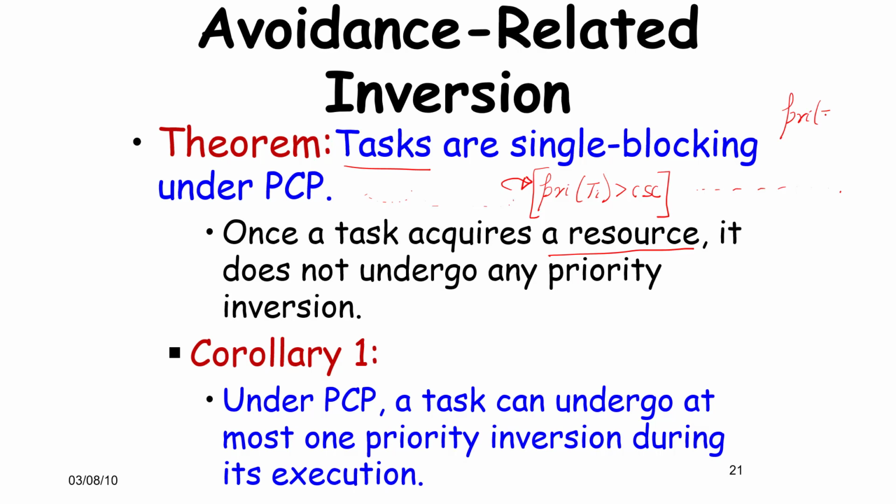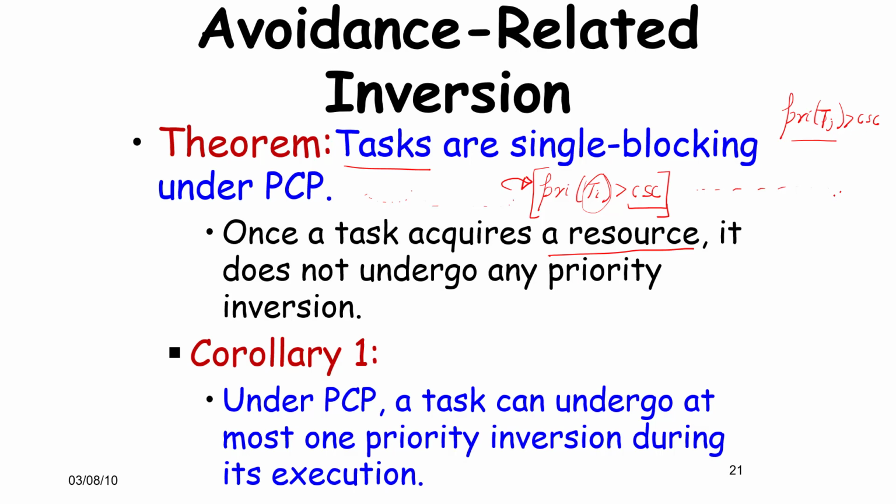But the important point is that once it acquires a resource, it will continue to execute unless another task comes in, Tj, whose priority is greater than the current system ceiling, which means its priority is greater than the priority of Ti. But in that case, it's a high priority task, so we don't care about it anyway. In the sense, Tj blocking Ti will not be counted as a priority inversion. Which basically means that once a task acquires its first resource, it becomes the one to have set the ceiling. It will continue to acquire resources unless it is preempted by a much higher priority task.